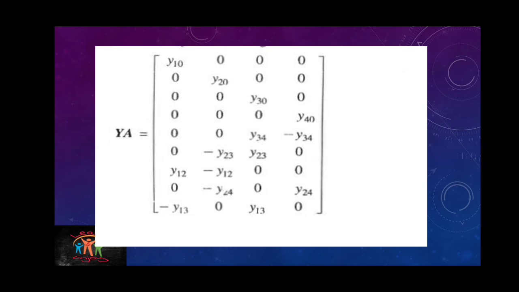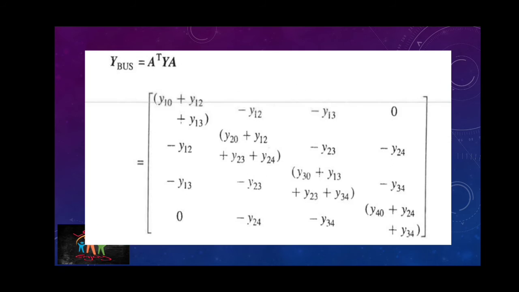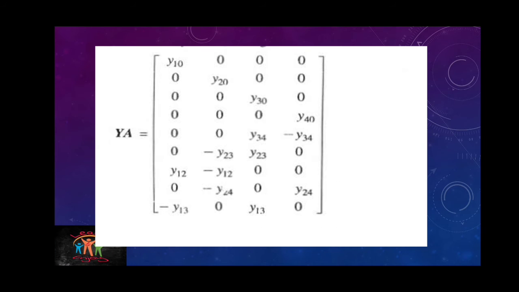Here we have a 4 cross 9 matrix and A transpose is a 9 cross 4 matrix. The multiplication of these matrices will be a 4 cross 4 matrix. You can see here, and remember that this equation is very important to us.